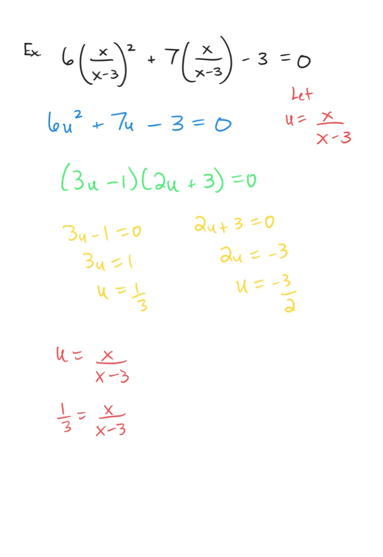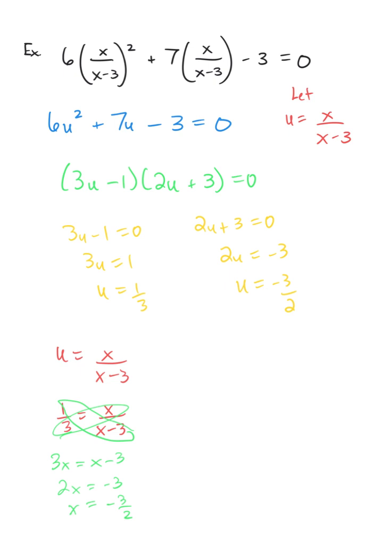So I am going to now cross multiply. And I get 3x is equal to x minus 3. And then keep solving. 2x is equal to negative 3. X is equal to negative 3 over 2.